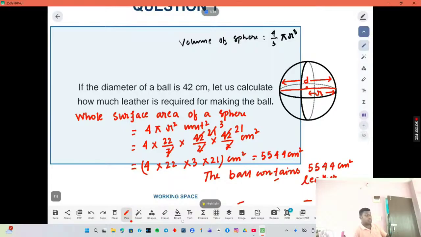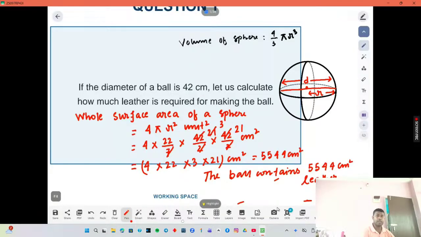So here, what is the question given? If the diameter of a ball is 42 centimeter, then let us calculate how much leather is required for making the ball. In order to find the answer, we first have to find the whole surface area of a sphere, and the formula for whole surface area is 4 pi r square unit square.